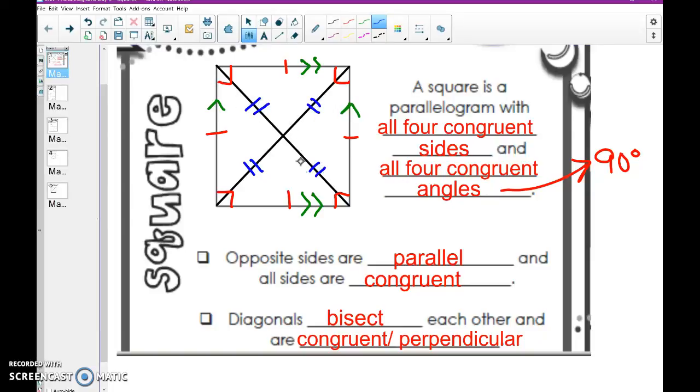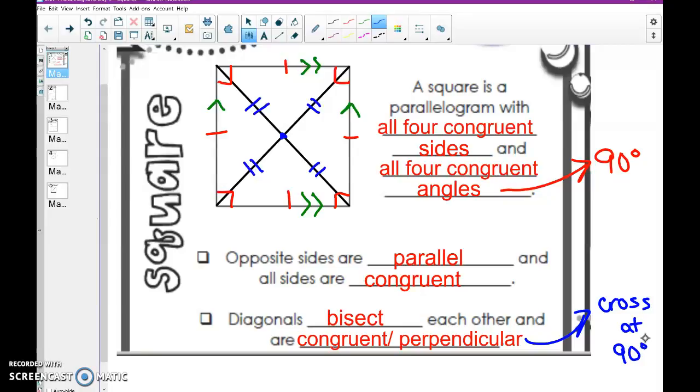So this cuts in half here, and this cuts in half here. And since they're equal to each other, all 4 of these tiny little segments, kind of star-shaping into the middle, are going to be equal to each other. And they're actually perpendicular. If you forgot, this means that the 2 lines cross at 90 degrees.